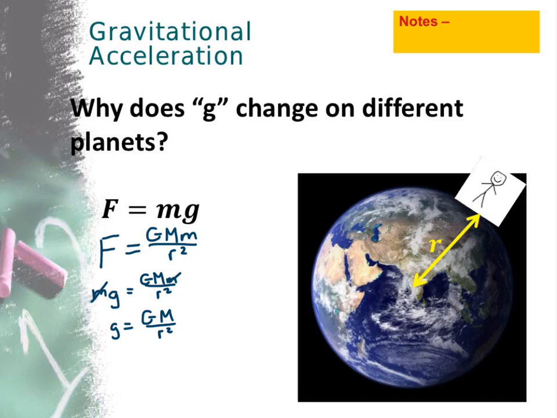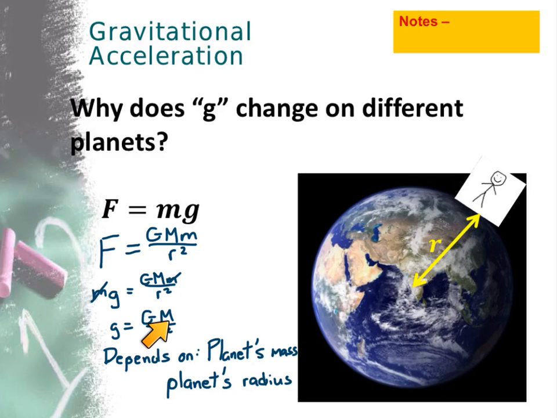Well, what does that tell us about little g? It tells us that little g depends on the mass of the planet, and it depends on the planet's radius. So if you're on a more massive planet, you're going to experience a higher acceleration due to gravity if the radius were the same.